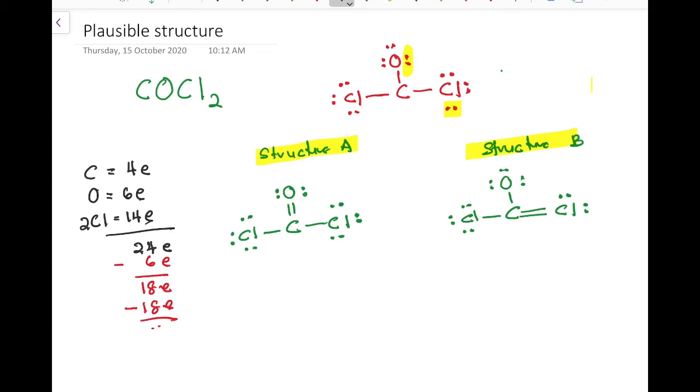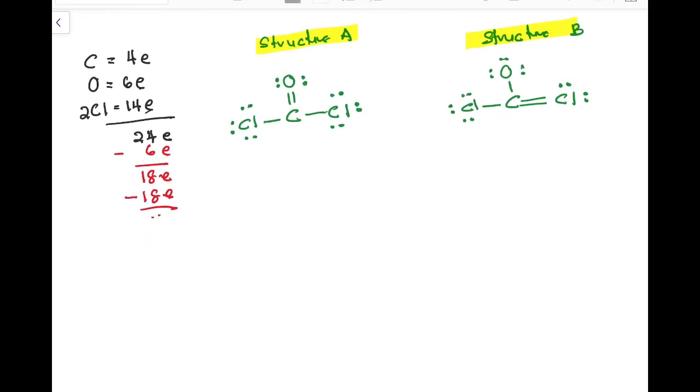Okay, let's say for structure A, we will determine the formal charge for carbon. This is 1, and we have two identical chlorine, so this is number 2, and this is 3. So there are 3 atoms that we need to determine the formal charge for. So I will determine one by one. Let's say the formal charge for carbon.